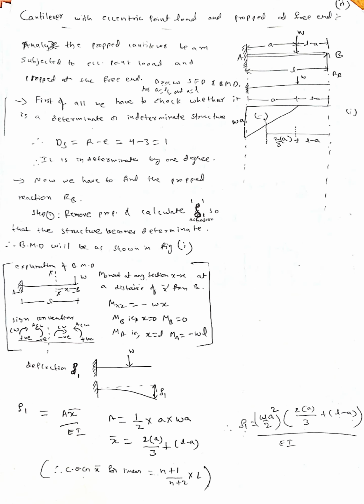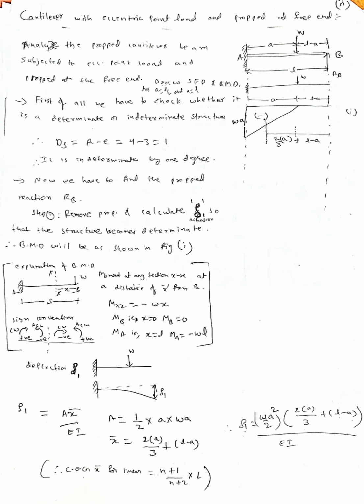L equal to A plus B. Analyze the propped cantilever beam subjected to an eccentric point load and propped at the free end, and draw SFD and BMD. Draw SFD and BMD for A equal to L by 2 and A equal to L as well.